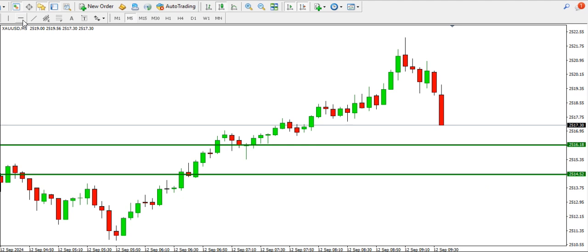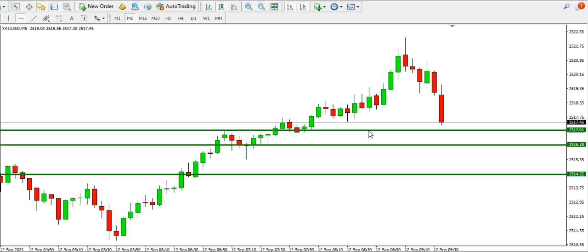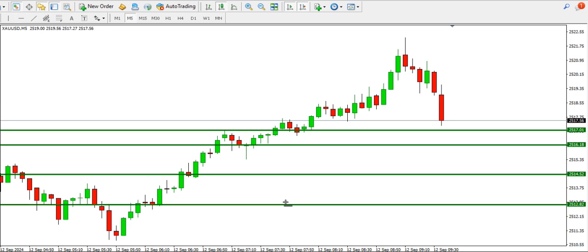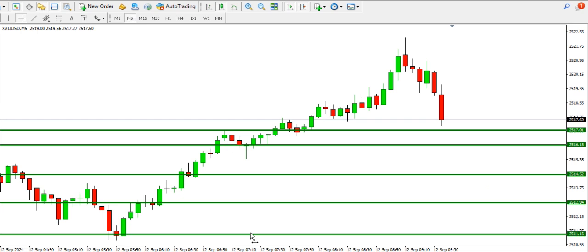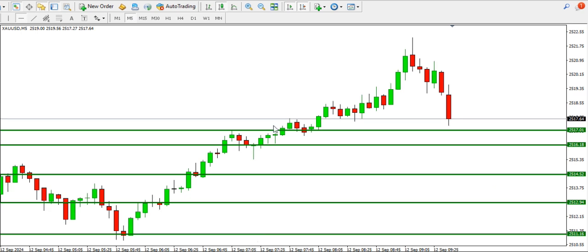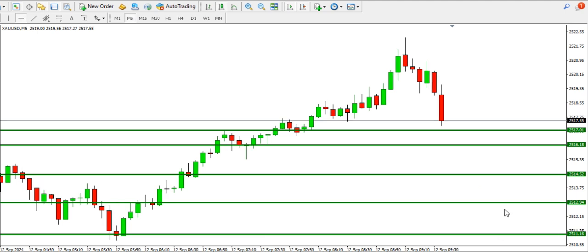Price has just gotten to the closest demand level, which is around here. So we have 2517, 2516, 2514. There's another one around here, 2512, before the final one on the chart, which is 2511.